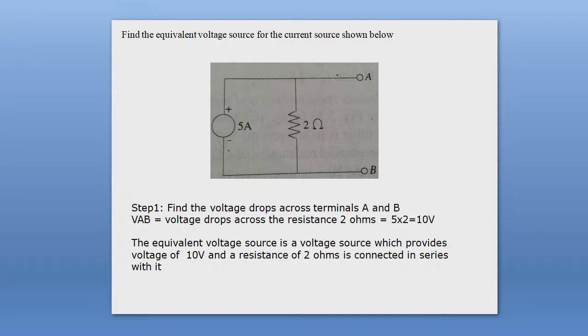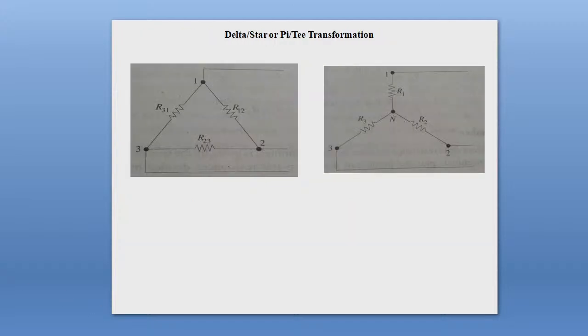Now we will discuss a topic related to the source conversion approach, but here we will consider two forms of network. One is star and the other is delta, or pi and T network.